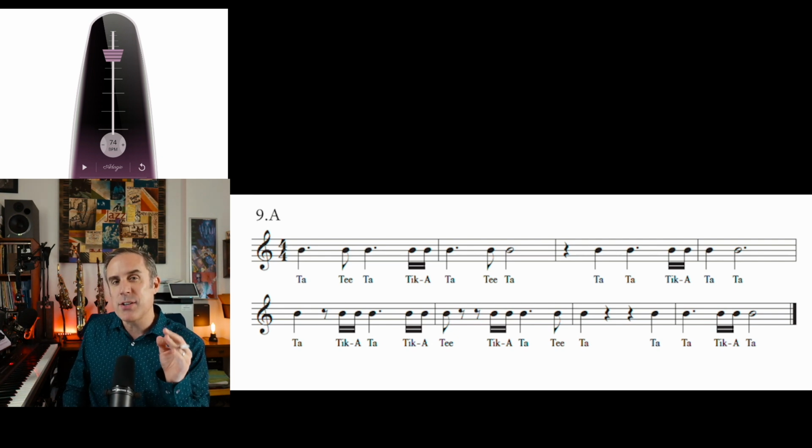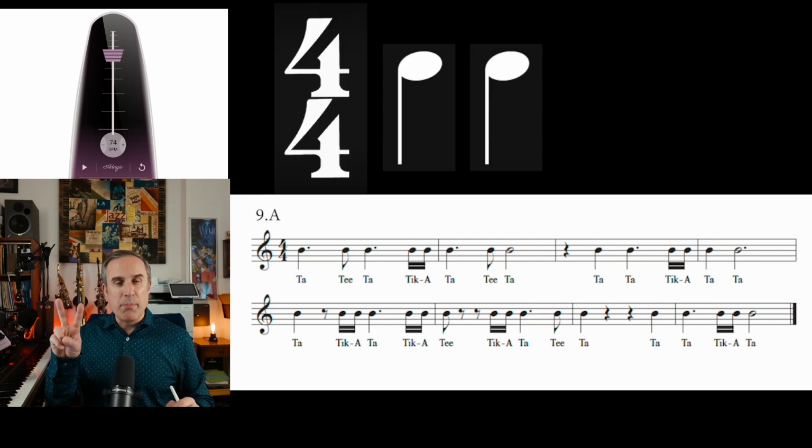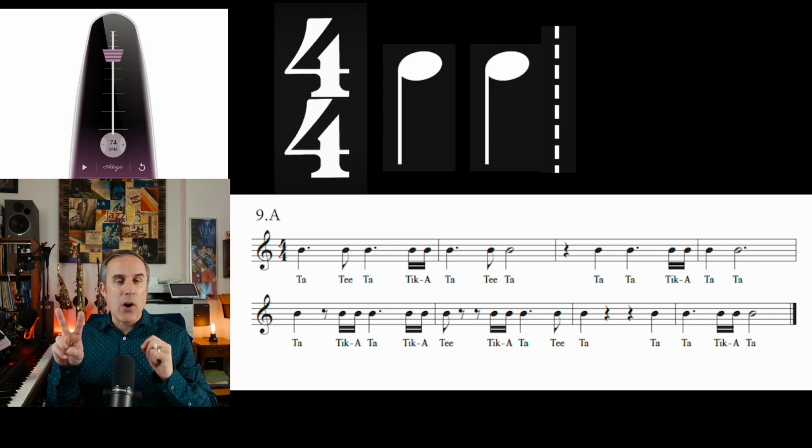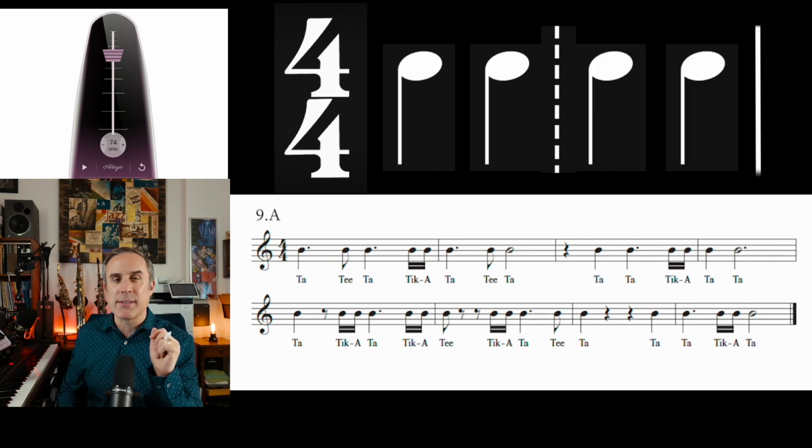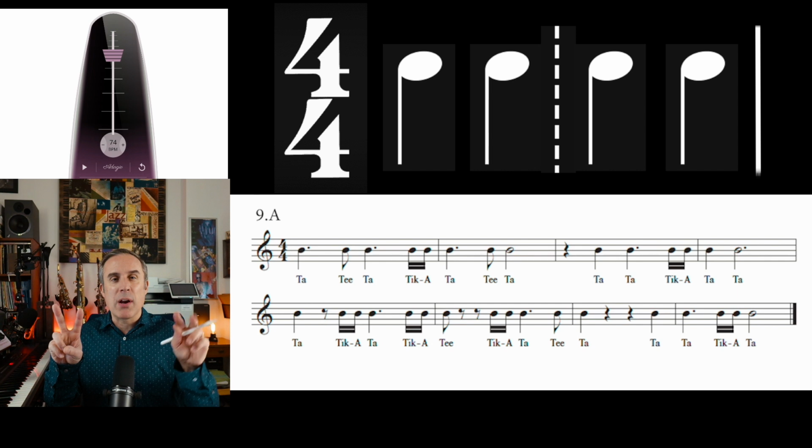So I want us to start thinking about a single 4/4 measure as this: 2 beats, an invisible bar line, and then 2 beats. Can we begin to conceptualize or visualize, compartmentalize each of our 4/4 measures into halves? 2, invisible bar line, 2.